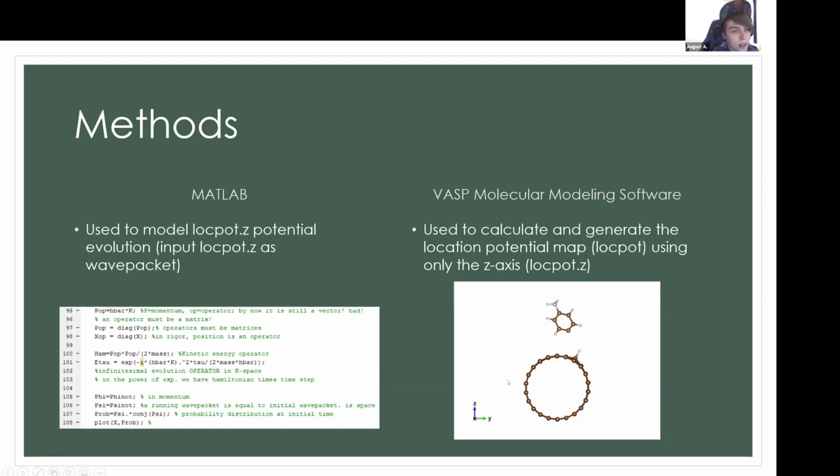And using this specific model to calculate and generate the potential map, which is called LOCPOT for VASP at least, and then restricting that to the z-axis, so turning a 3D map into a 1D potential. Then once I have that potential, I can load it into MATLAB and use that as my wave packet to evolve.